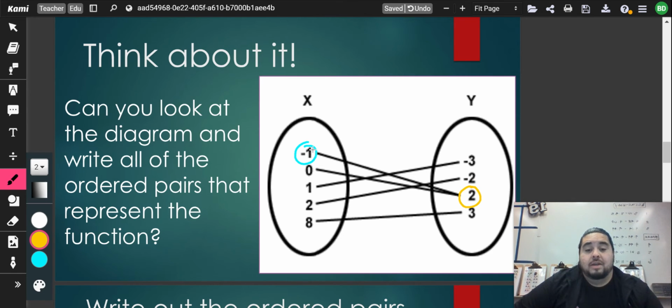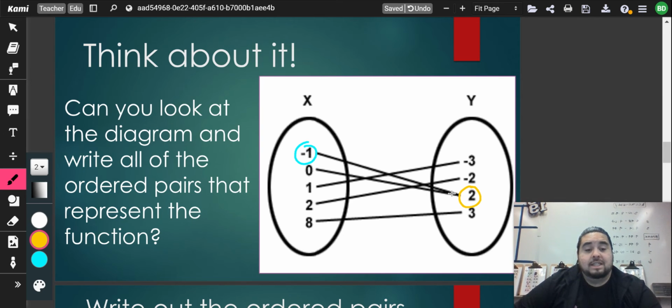So those being connected by that line is telling you what the actual coordinate is. So those two have a connection, and that point would be -1, 2 if I were to go back and write the coordinate pair. Okay.